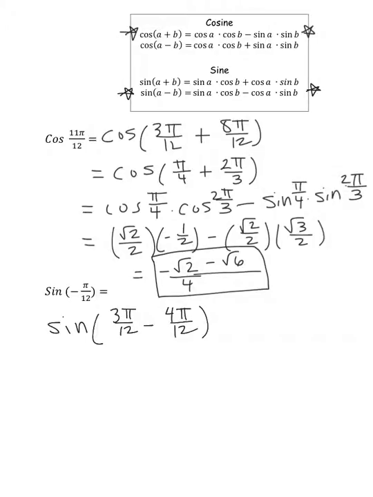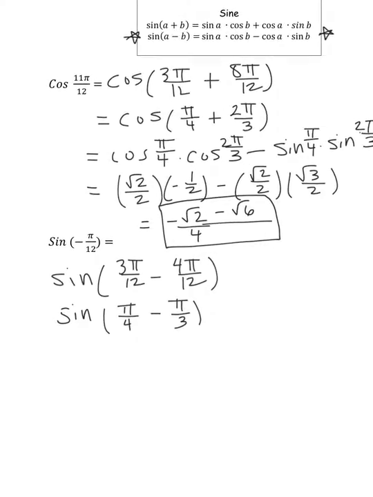And that does indeed simplify to negative pi over 12. And now I'm going to simplify each of those fractions just a little bit. So 3 pi over 12, that's the same as pi over 4. And 4 pi over 12, that would simplify to pi over 3.